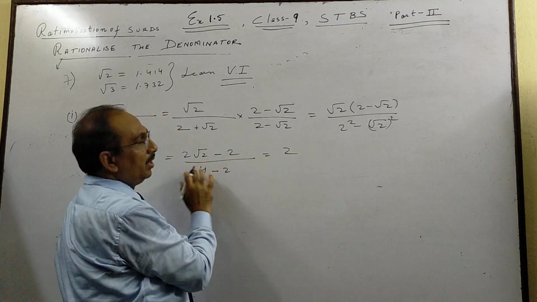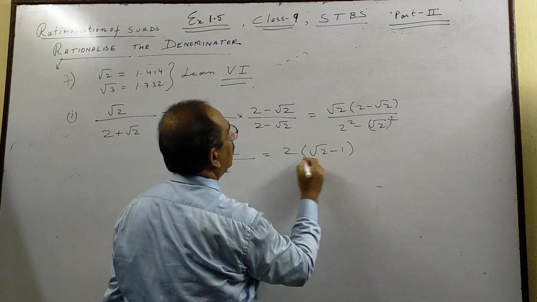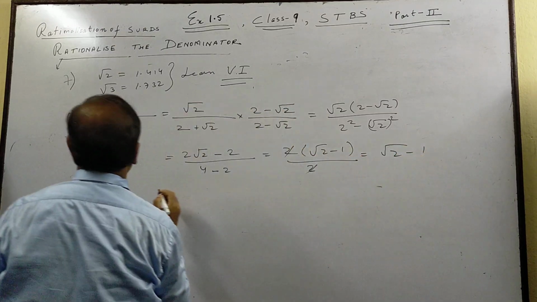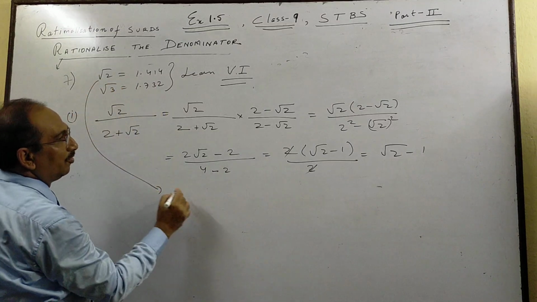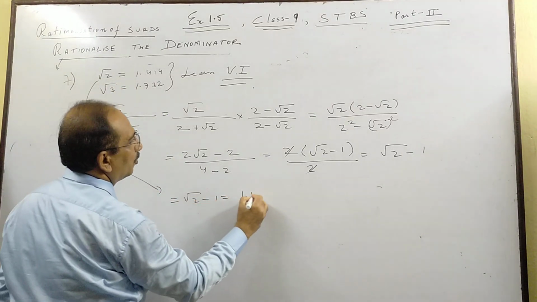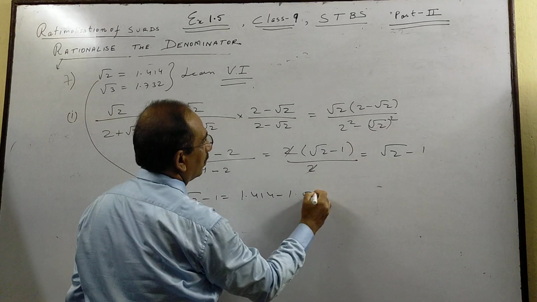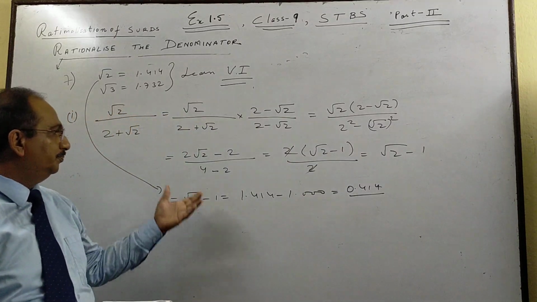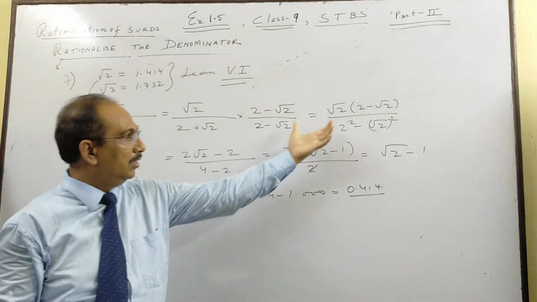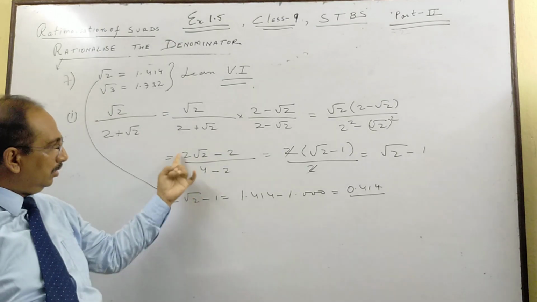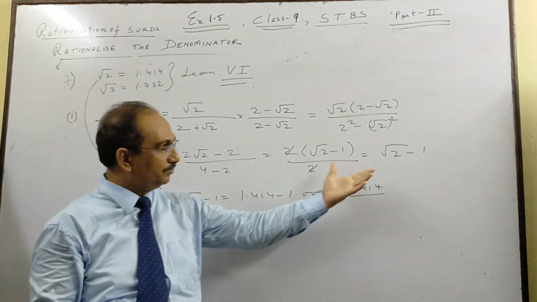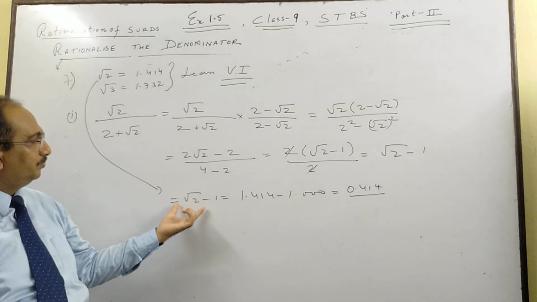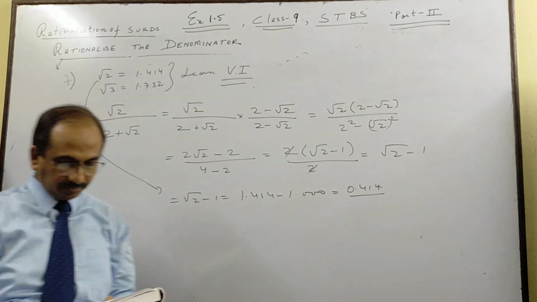So you take out 2 common in the numerator, and the denominator cancels this, we get root 2 minus 1. We put the value of root 2, root 2 is 1.414, minus 1, and the answer is 0.414. Once more: rationalize, solve, take out 2 common, 2 cancels with the denominator, we get an irrational number, and we put down the value and we get the answer.